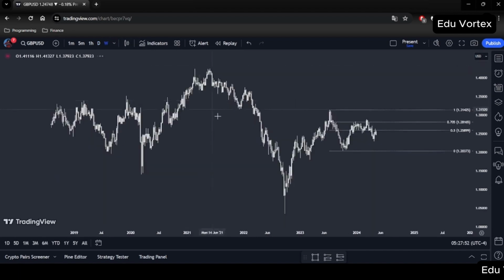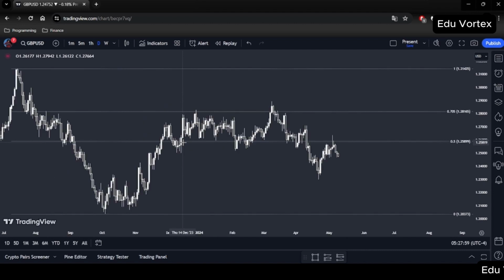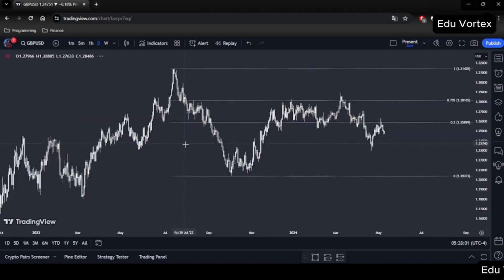When the weekly turns bearish, do we just keep going down? Could be, but if you're a swing trader, you're looking at the daily, weekly, and 4 hour, or even the 1 hour. You can also use the 1 hour as a swing trader, but the 4 hour is the most common.